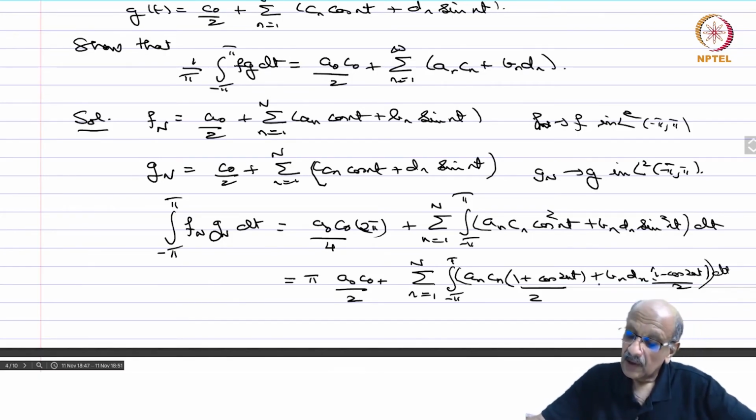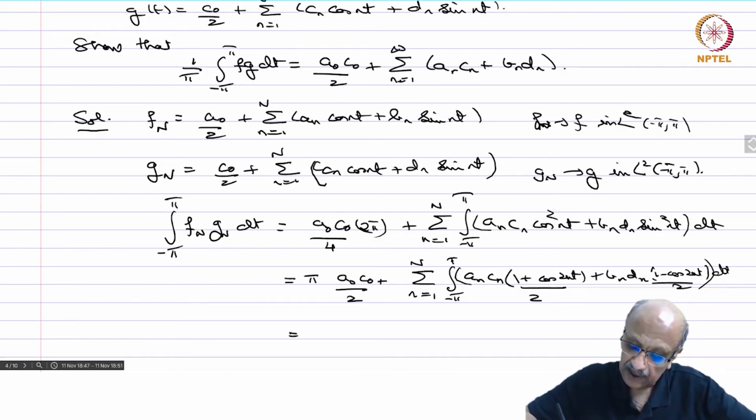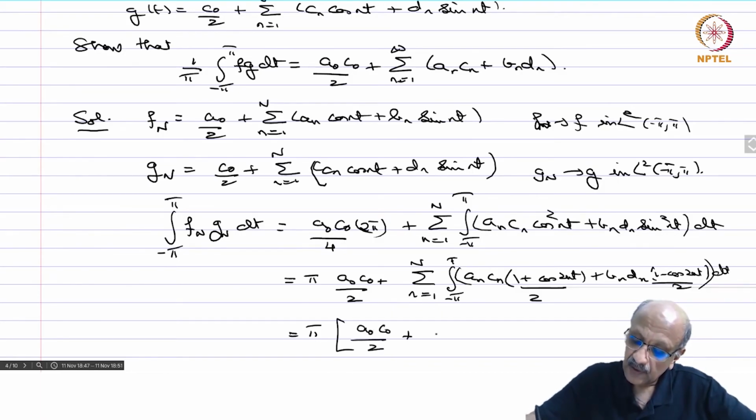So cosine will become sine, and minus pi to pi, that will give you 0. So you get a n c n by 2 plus b n d n by 2 into 2 pi. So that will be pi times a naught c naught by 2 plus sigma n equals 1 to N a n c n plus b n d n.